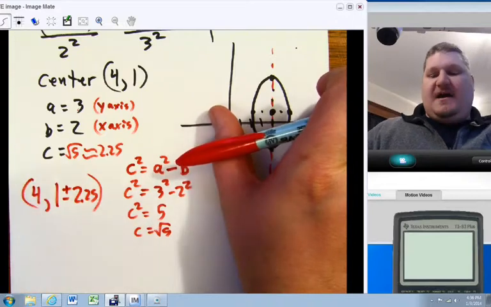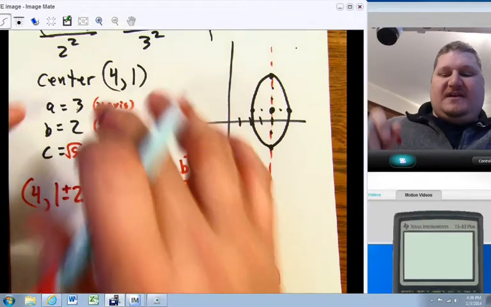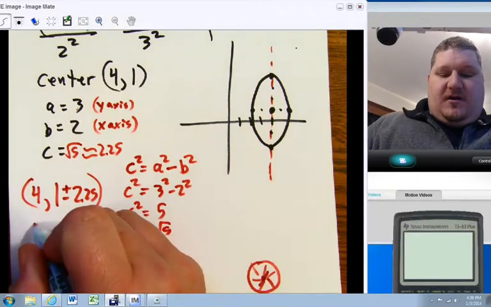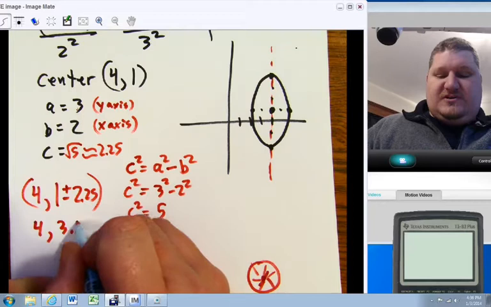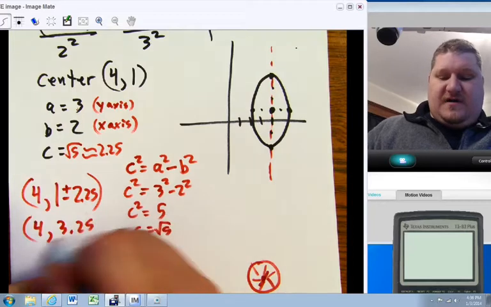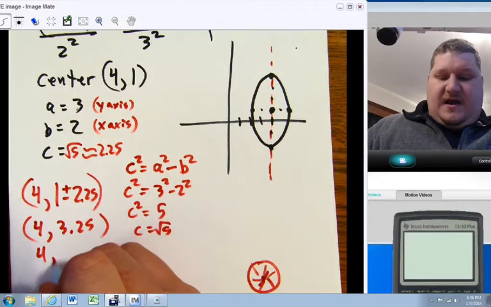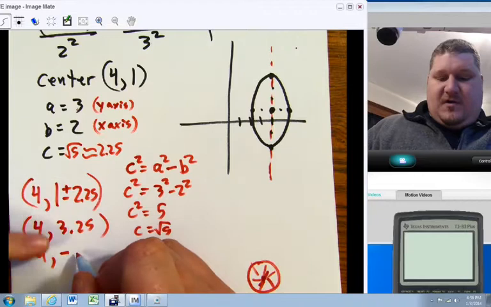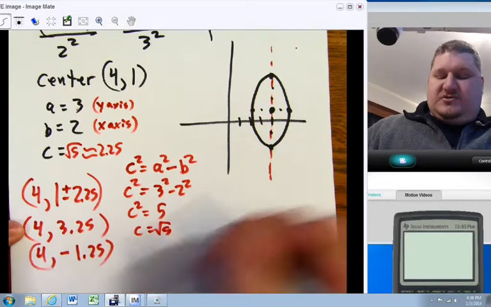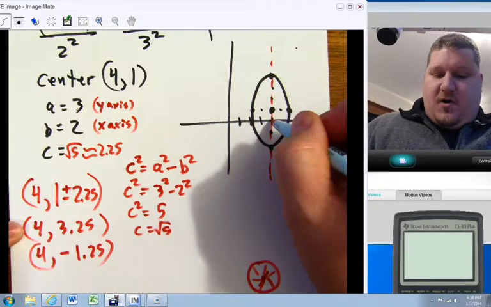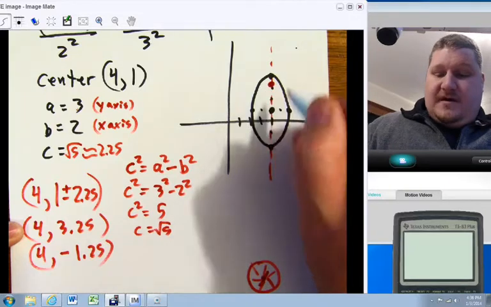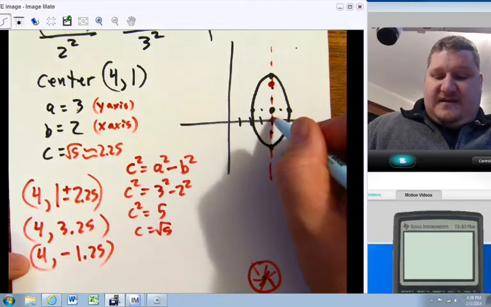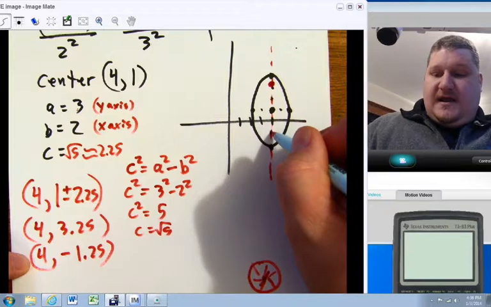So it's a matter of which way your major axis is going. So in our case, our foci are going to be at (4, 3.25), that is 1 plus 2.25, and (4, negative 1.25). So here we go, over 4, up 1, 2, 3 and 1/4, over 4, down 1 and 1/4, and our foci are there.